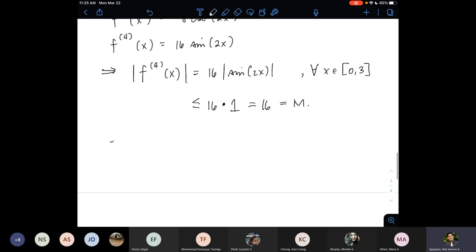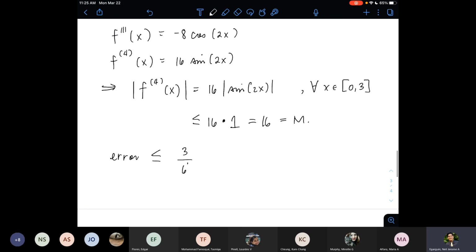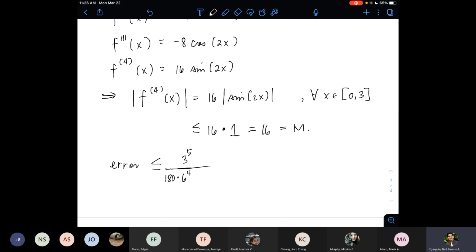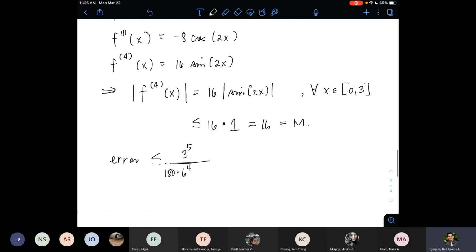So now you can say that the error is at most b minus a, which is 3, all over n, which is 6 to the 4th, times 180. So let me see the formula again: b minus a to the 5th over 180 times 6 to the 4th, times 16.